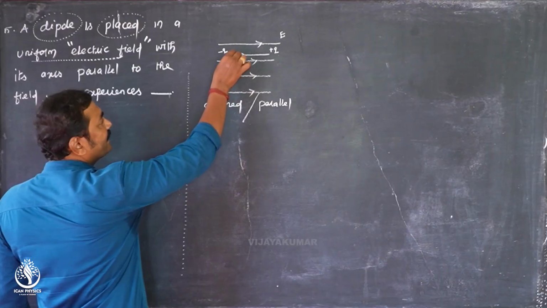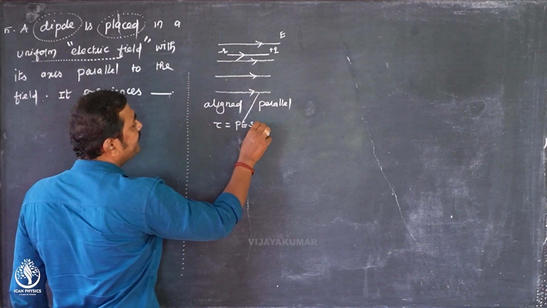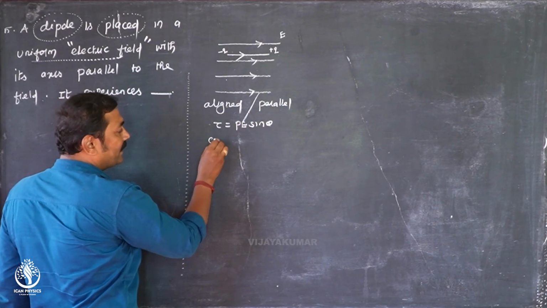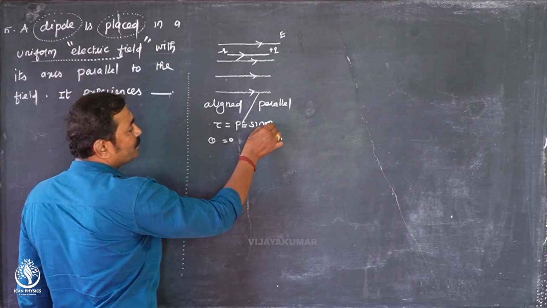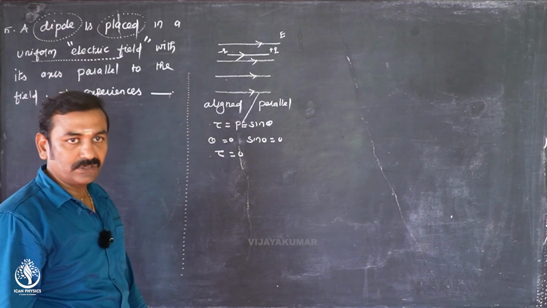It experiences tau equal to PE sin theta. When it is aligned, theta equals 0, sin 0 equals 0, so the torque is 0.